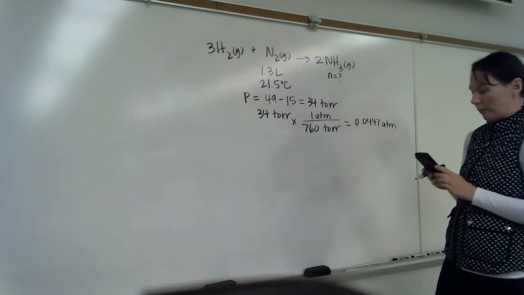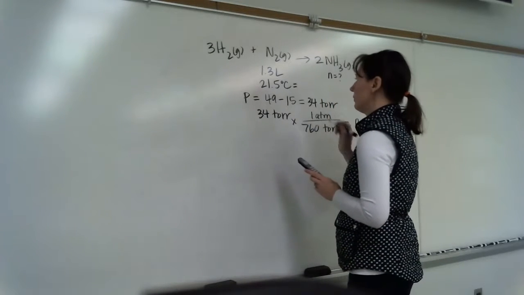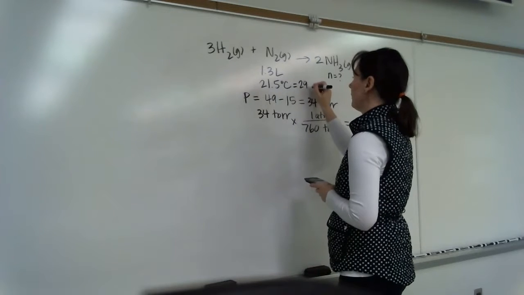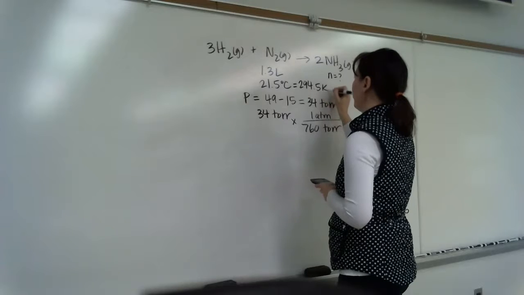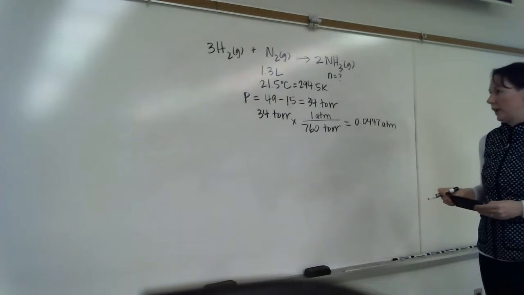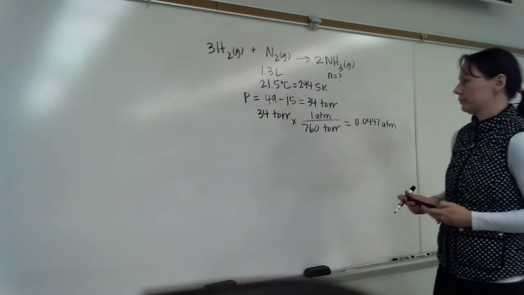And then we've got a problem with our temperature. What is our temperature in Kelvin? 294.5 Kelvin. Do we have to do anything with the liters, or is that okay? That's okay.